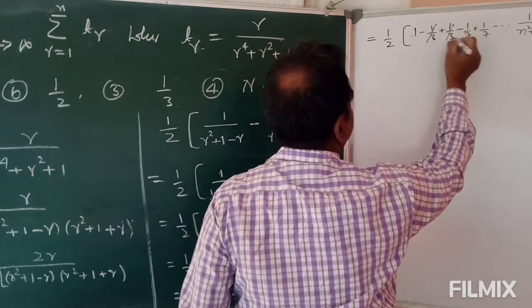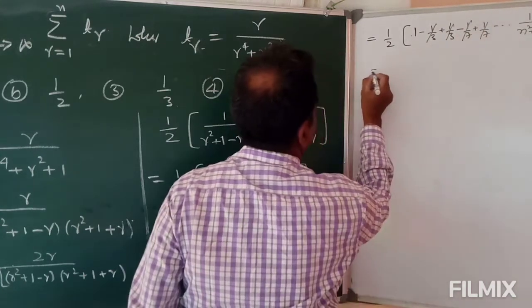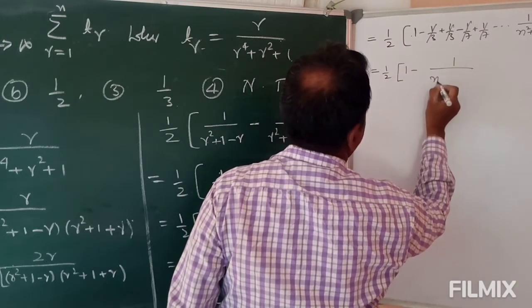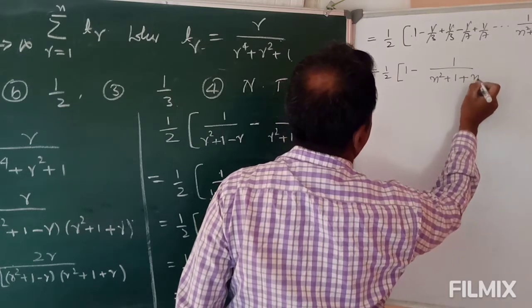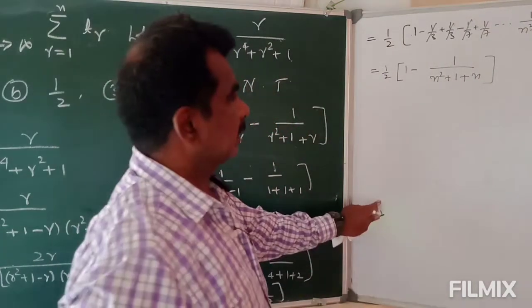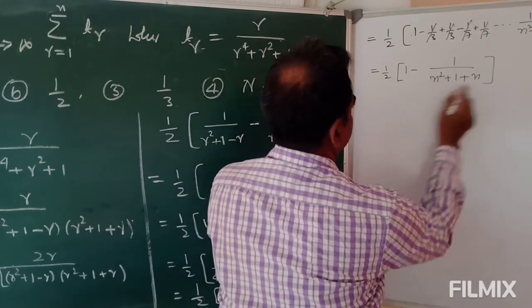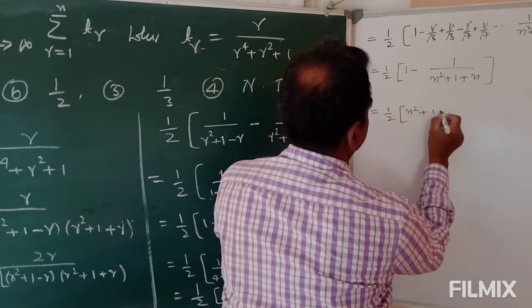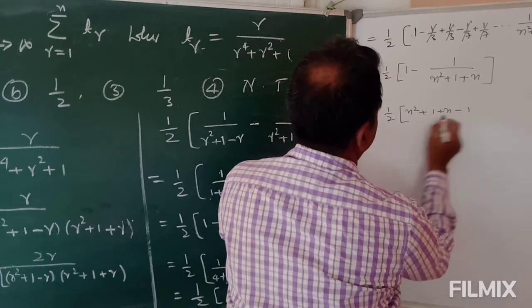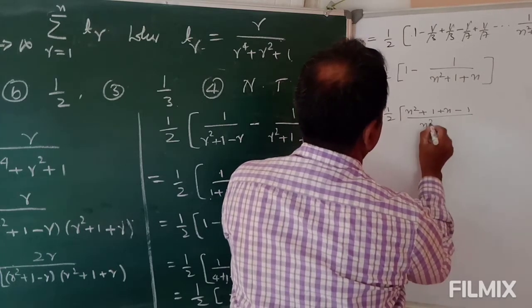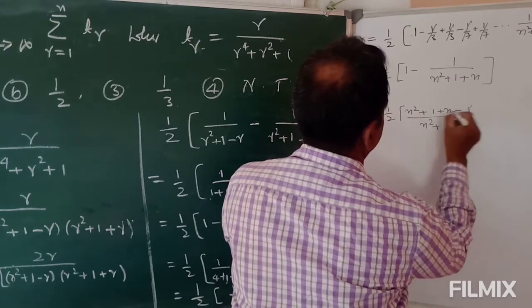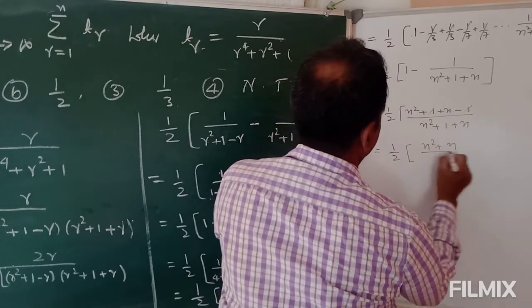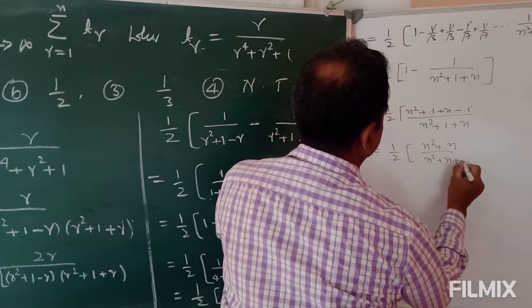What happens? 1 by 2 into 1 minus 1 by n square plus 1 plus n, okay. Next, LCM is n square plus 1 plus n, that is 1 by 2 into n square plus 1 plus n minus 1 divided by n square plus 1 plus n. Plus 1 minus 1 cancel. 1 by 2 into n square plus n by n square plus n plus 1.